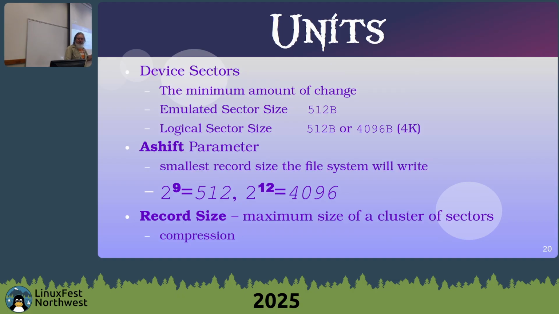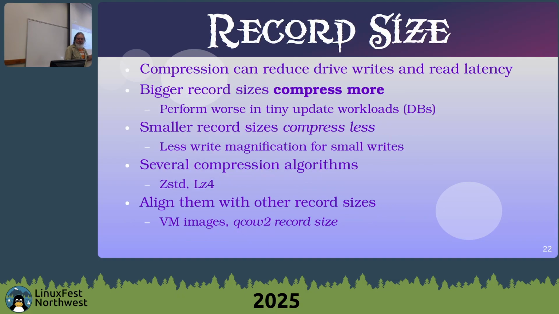More discussion on ashift, emulated sectors, and trade-offs for record size. The difference between an ashift for a sector size and a record is that the record is the largest contiguous strip of space that will get compressed and written at a time by ZFS. That's currently a megabyte.